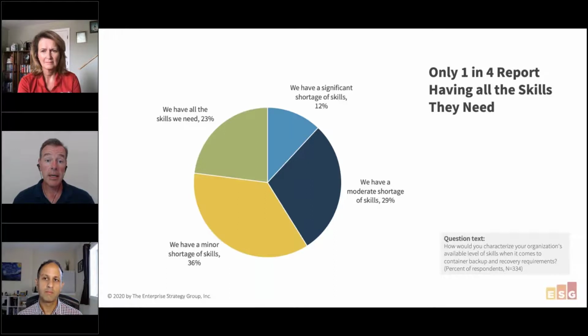You need to have a good integration into other processes, which may not have anything to do with backup and recovery, but may have more to do with application development, DevOps, etc. Lots of different permutations, and the skill sets are just not there. So that compounds the potential risk.